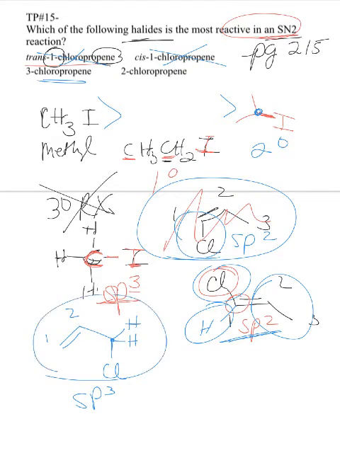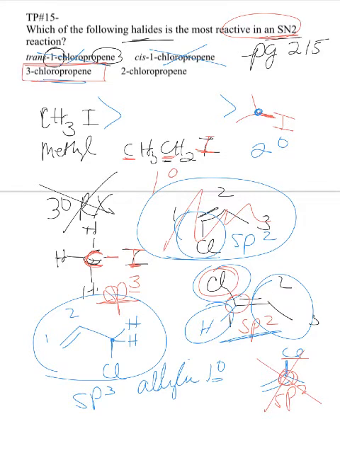And this is not like your typical primary, because it has a carbon-carbon double bond, 1 carbon away. So this is an allylic primary alkyl halide. And then the next is 2-chloropropene. So once again that chlorine is connected to an sp2 carbon, so that's not going to undergo an SN2. So which of the following halides is the most reactive in SN2? It'd be the 3-chloropropene.